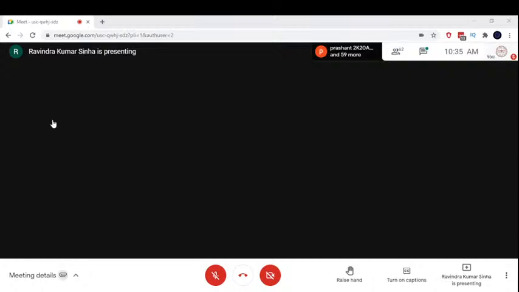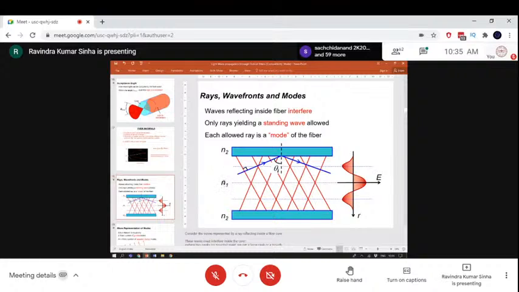Okay, so this is rays, wavefronts and modes. So mode you do not need to study. Like, what happens when the light is propagating through the optical fiber? This is again core, this is cladding. Okay, core and cladding. So the light is going, but if you measure it as a wave, it will be coming like this.